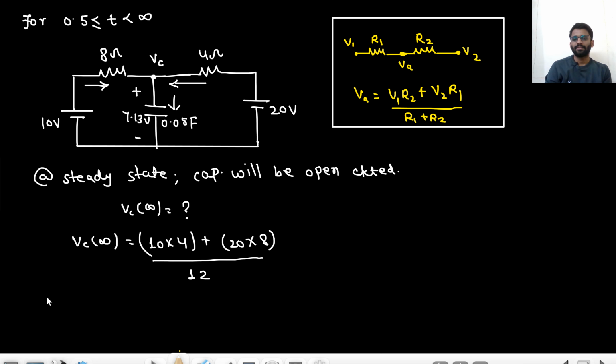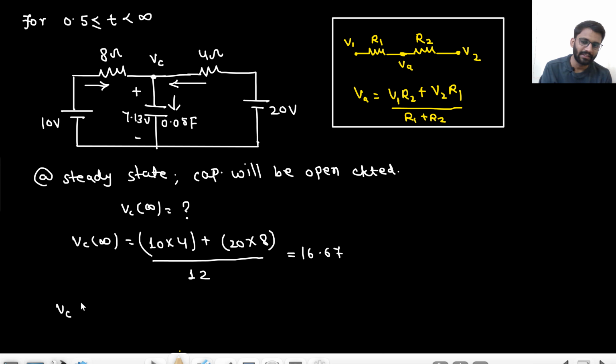So 40 plus 160, 200 by 12. Actually I have studied in Hindi medium, so that's why I am more comfortable doing the calculation in Hindi. So we get 16.67. So the steady state value of the capacitor is 16.67.